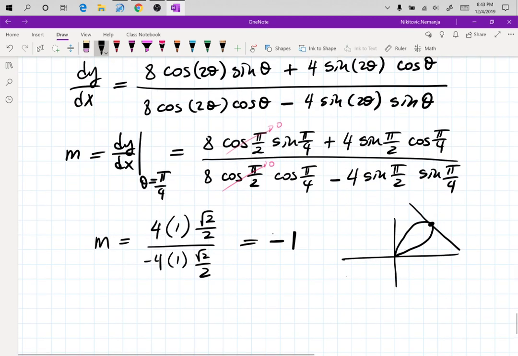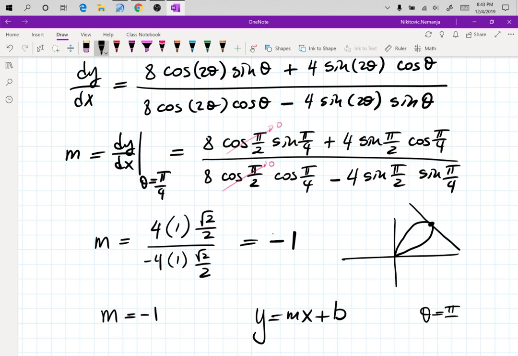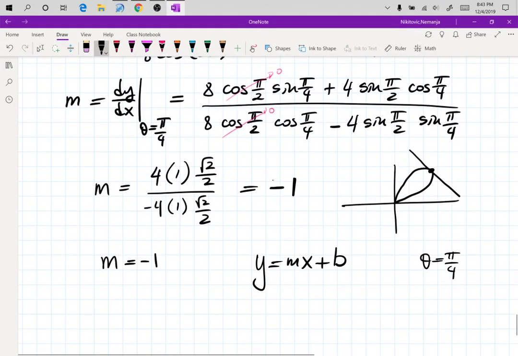So now we calculated slope of m equals negative 1, and the only thing that is left is to find b, value of b, because we have y equal mx plus b, and for this to happen, I need my x and y. But all I have is theta is pi over 4. And I have r, which is 4 sine 2 theta, right?